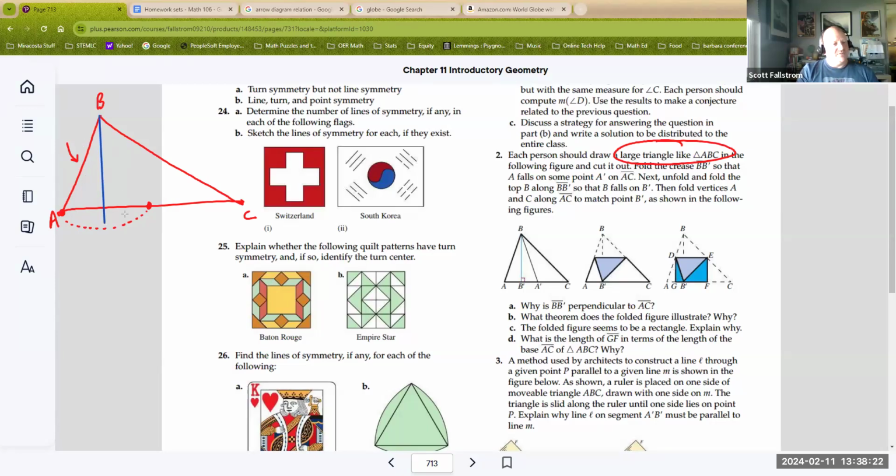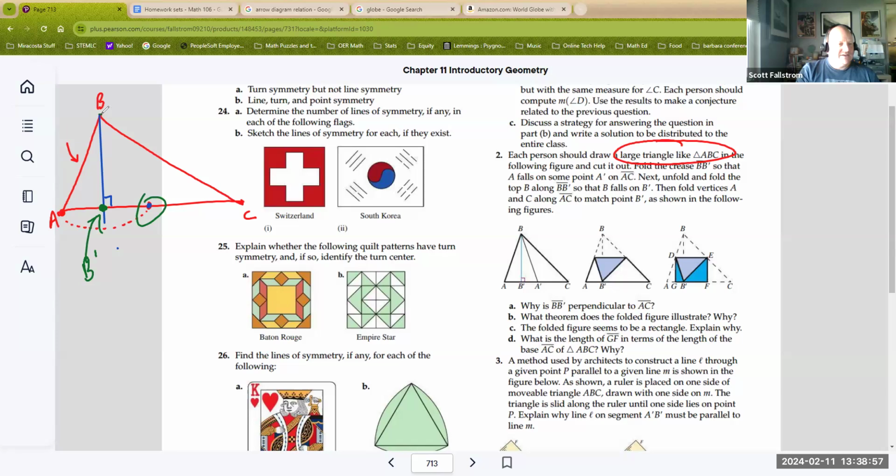Once you cut that triangle out, if you fold point A onto this side over here, you will make a 90-degree angle. Do that in order to get a 90-degree angle. What you're really looking for is this point, which you'll have because you'll have this crease in the paper now. We're going to call that point B prime. We don't even need this other point, really. We just used it temporarily to find this point right here.